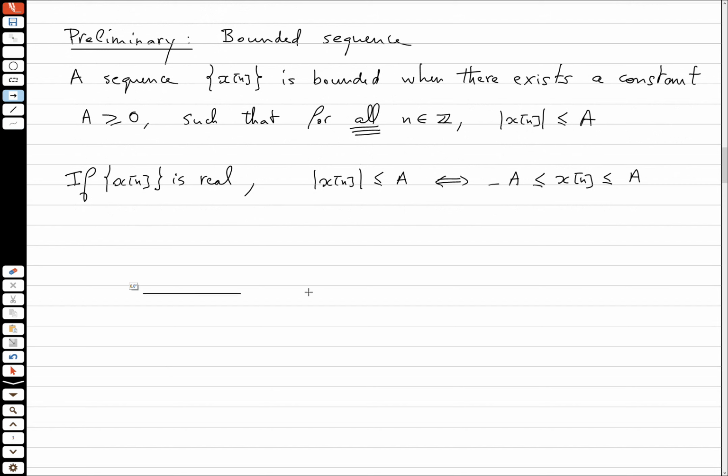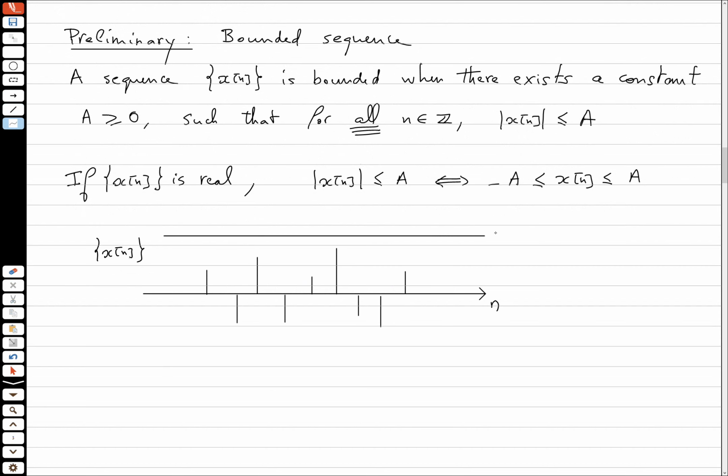Because if you plot the sequence x of n, when it's bounded, you can see that when you plot the successive amplitudes, they will have to have a ceiling. It cannot go beyond plus A, and it cannot go below minus A.